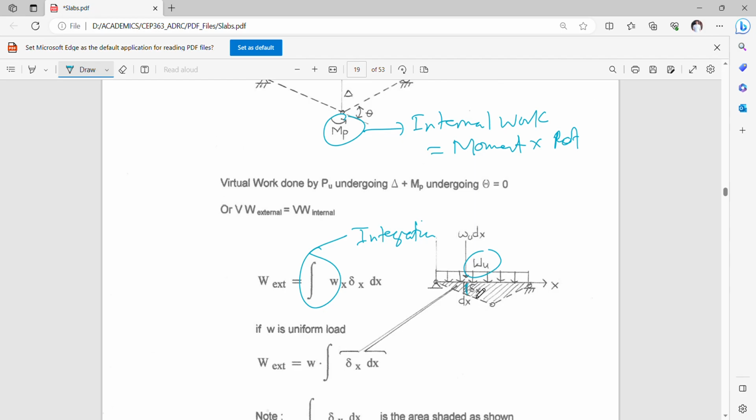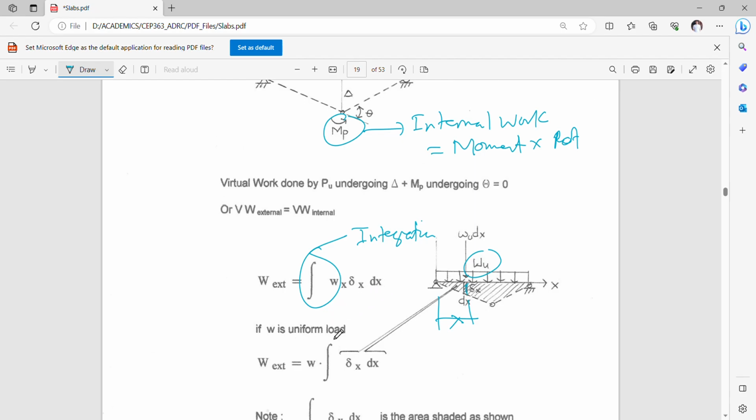Whatever is the displacement at the point x will give you the deformation or displacement, and whatever W is defined at the point x will give you the force that will give you the external work. Right? So simply this is the integral of Wx delta x dx.